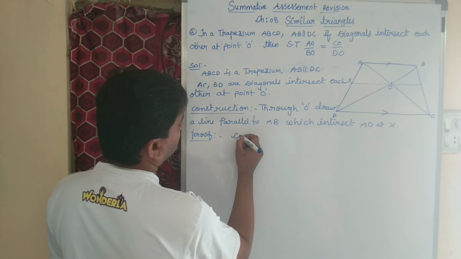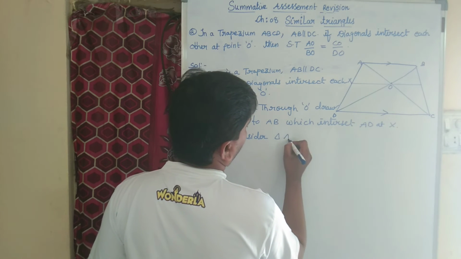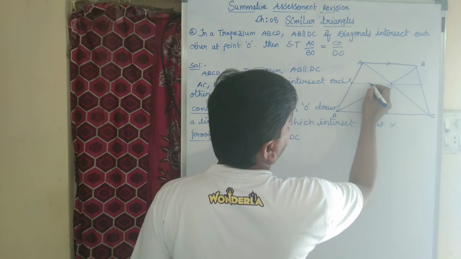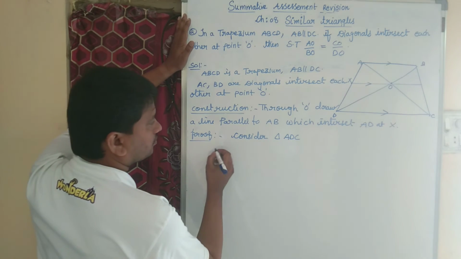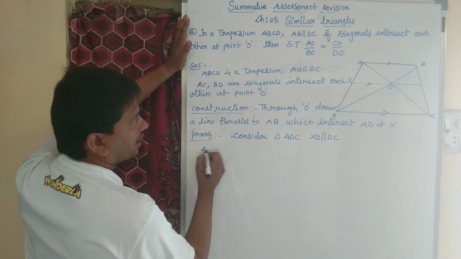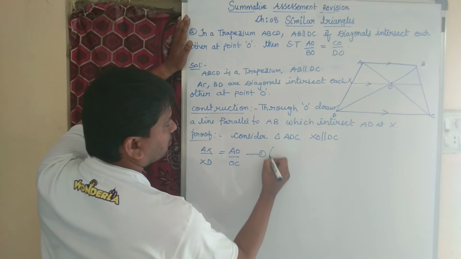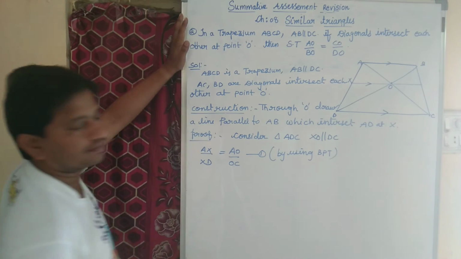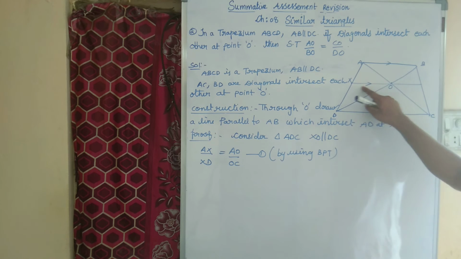Consider triangle ADC, in which XO is parallel to DC.